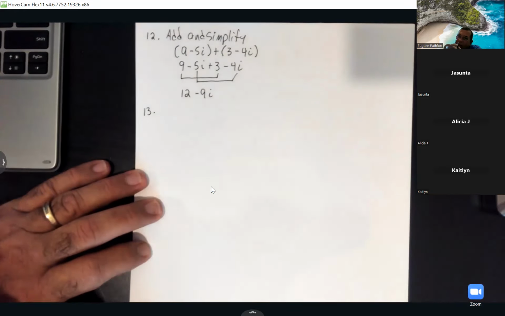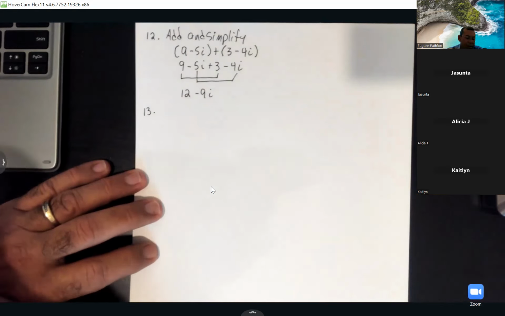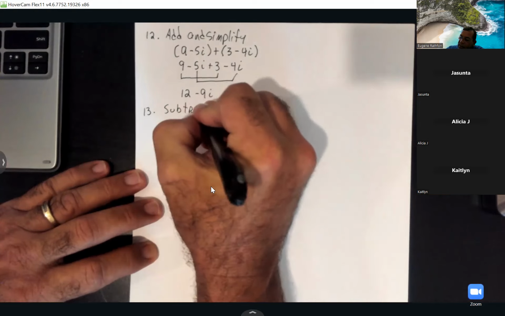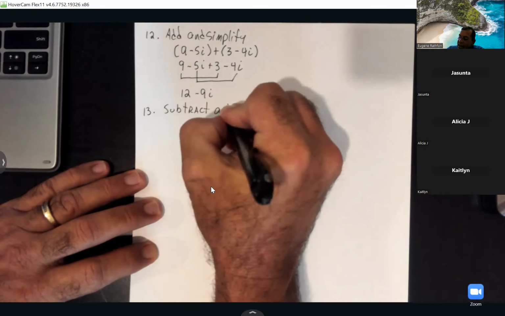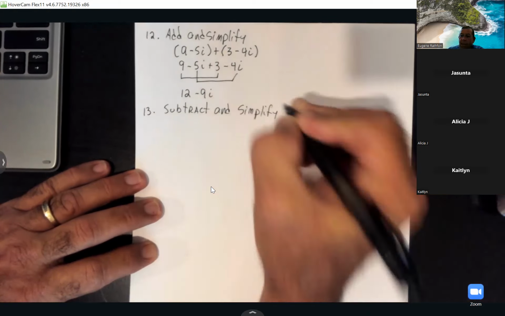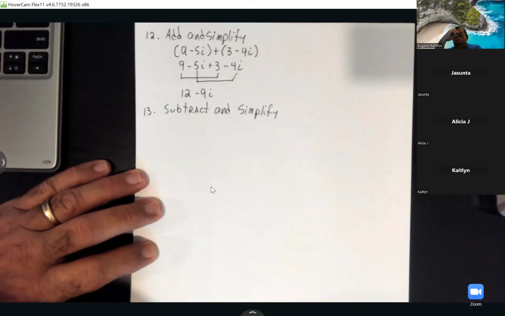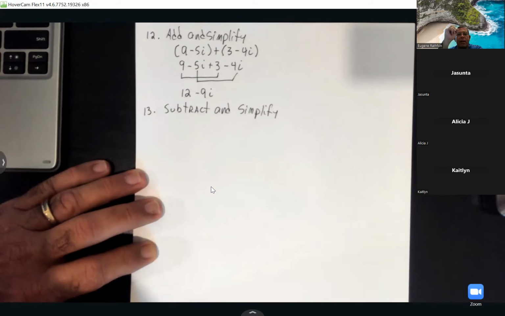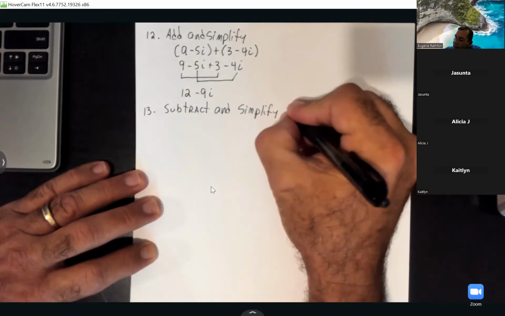All right, so the ones that are going to be a little trickier are going to be to subtract. So these say subtract and simplify. Now, the thing you got to remember about subtraction, you got to distribute the subtraction through the next parentheses.